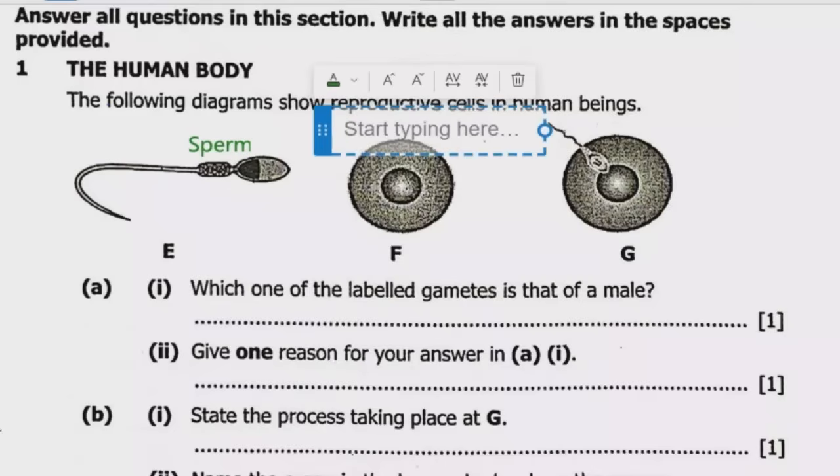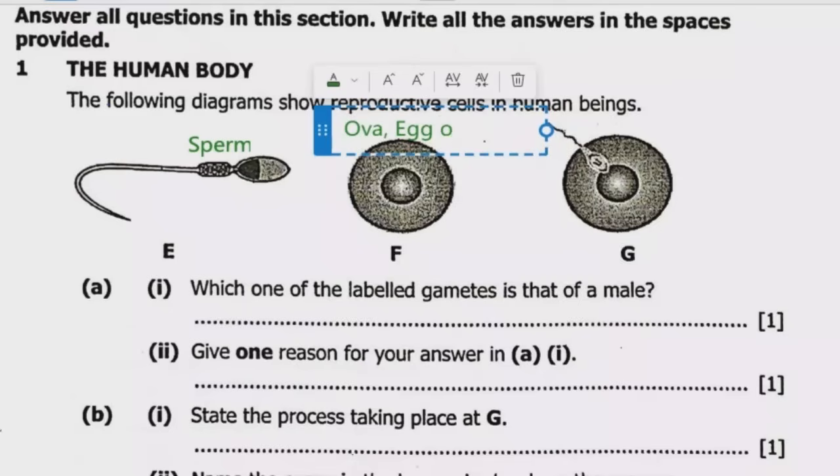F, the name for that one is ovum, or we can still call it ova, or we can call it egg.